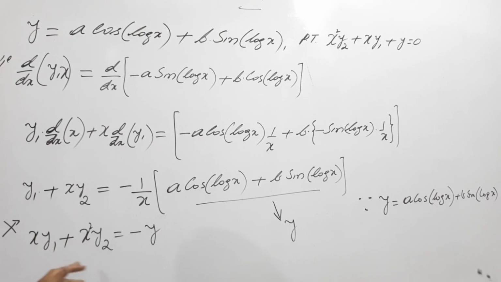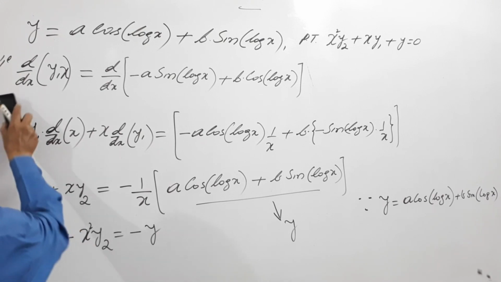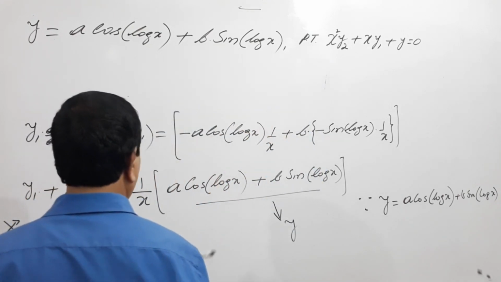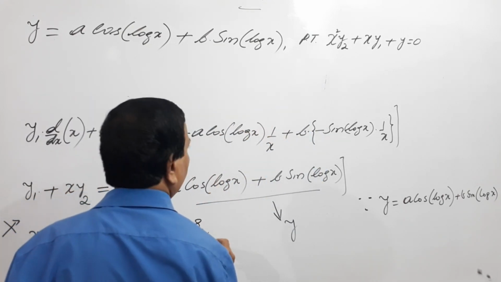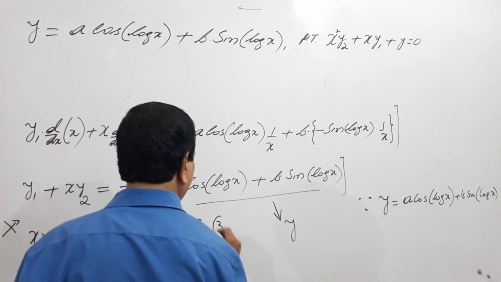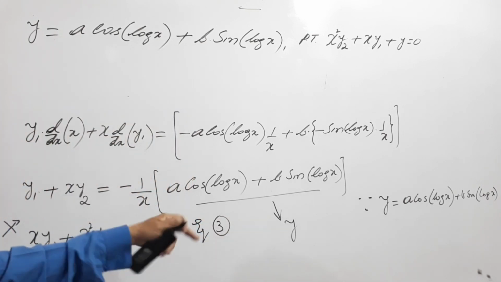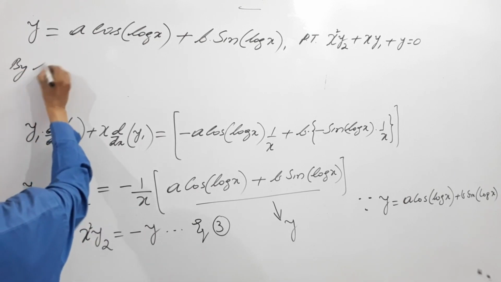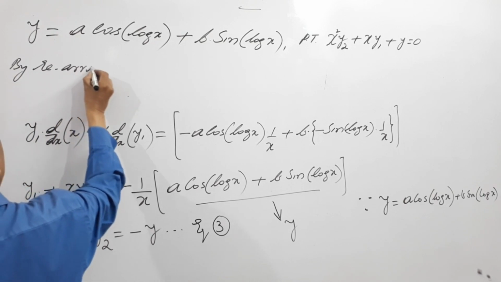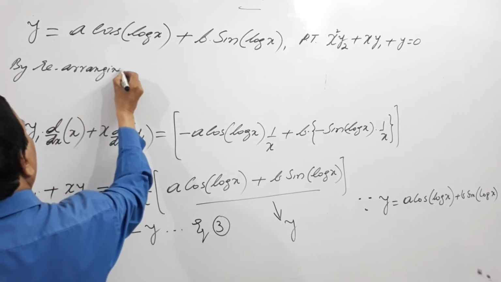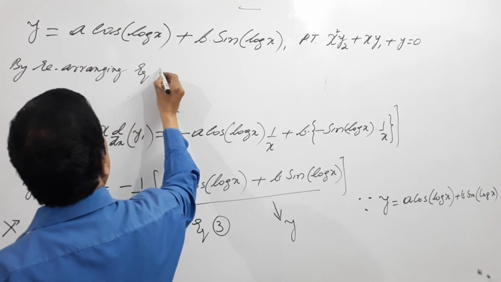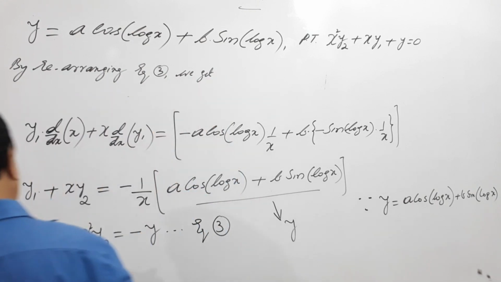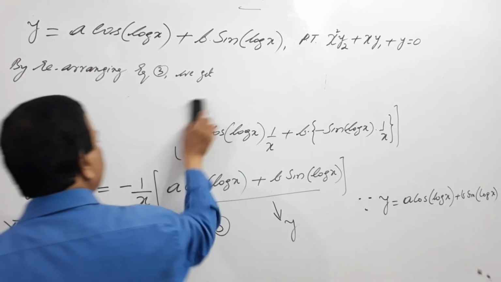So only thing I have to rearrange it. So I'll rub this. I'll write this as equation 3, whatever it is. I call it equation 3. So by rearranging equation 3, we get the answer.